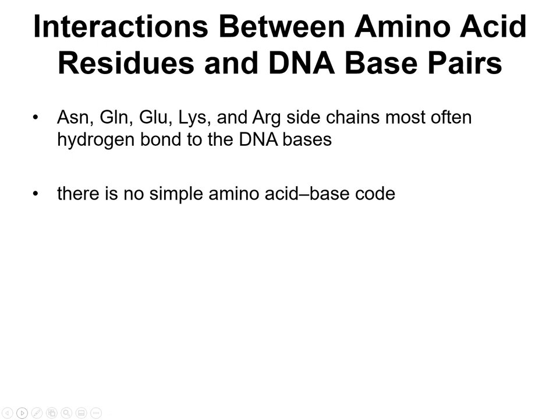Like, that doesn't exist. You can see all different types of modes of interaction with all of these residues. But what I do want you to think about is what characteristics do these amino acid side chains have that allows them to interact with the bases.